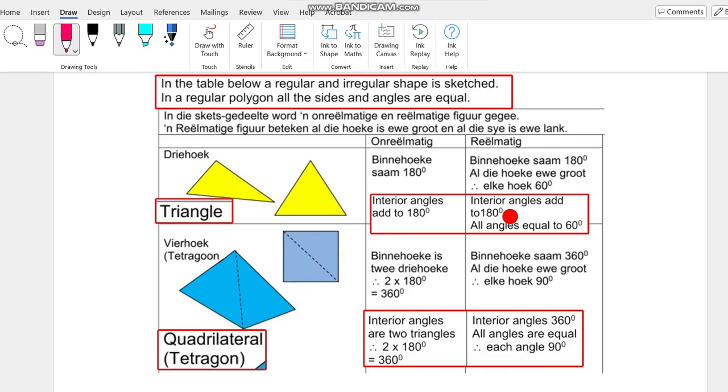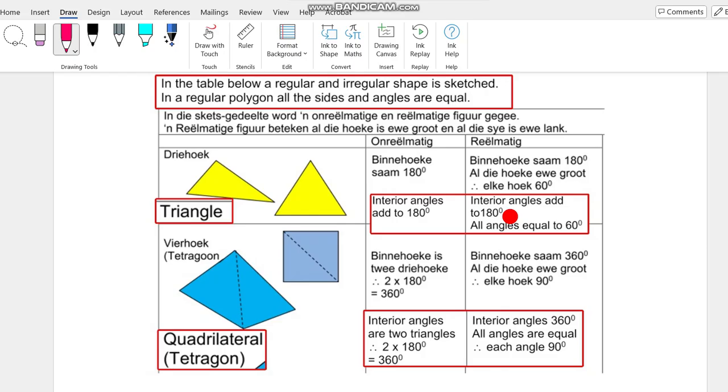Then we have your tetragon, which is your square. Irregular, we know that if you look at this shape, if you draw a line and connect two corners to each other, you can see you've got two triangles. If you have two triangles, that means there's 360 degrees if you put all the angles together.